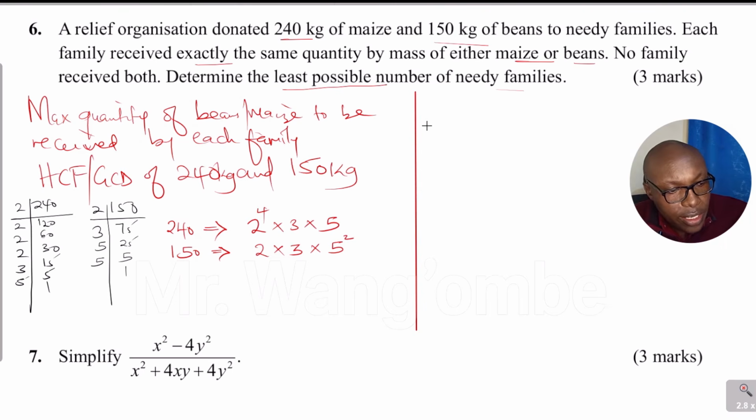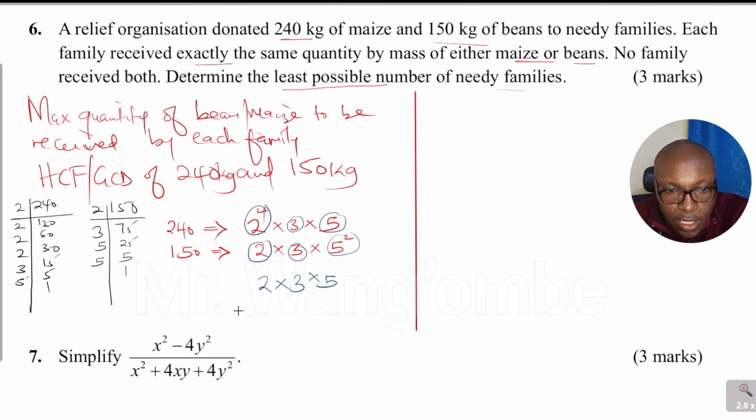Now how do we get the GCD, the greatest common divisor or the highest common factor, using the factor method? So we consider the common factors. We look at 2 to the power 4 and 2. The common factor there is 2. And then we have 3. This is 3 and this is 3. So 3 to the power 1 is common. And then 5 and 5 squared, because you consider the common factor there is 5.